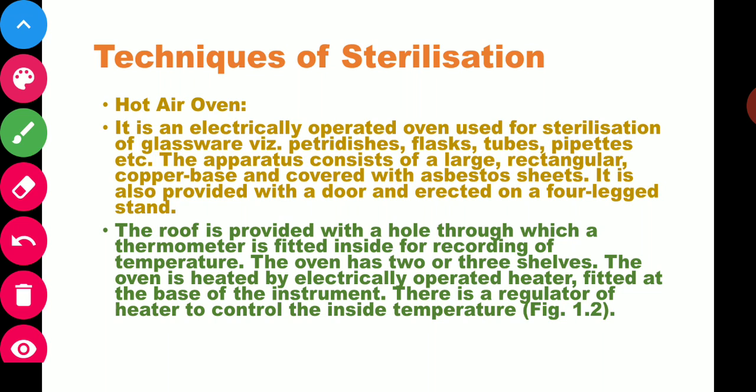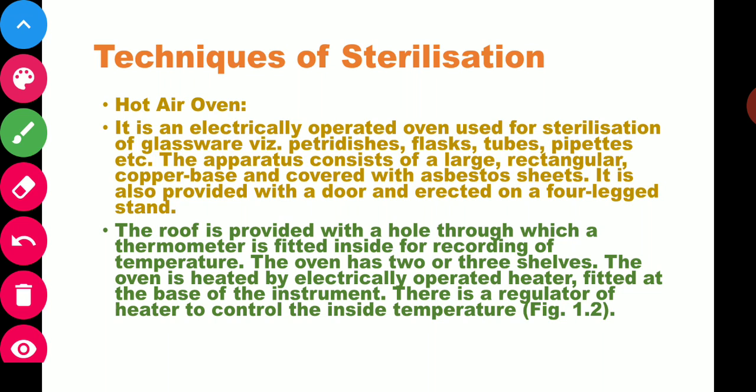It is also provided with a door and erected on a four-legged stand. The roof is provided with a hole through which a thermometer is fitted inside for recording the temperature. The oven has two or three shelves. The oven is heated by an electrically operated heater fitted at the base of the instrument.